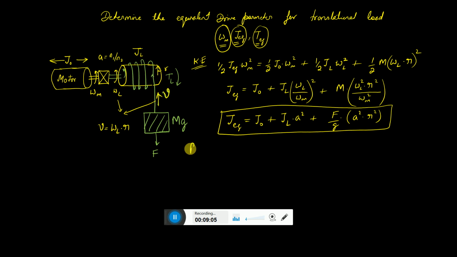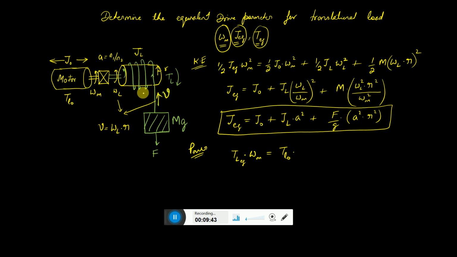Now if we equate the total power, let us say the equivalent torque, TL equivalent, is the equivalent torque reflected on the motor side, multiplied with omega m, is equal to TL0, the load torque of the motor.